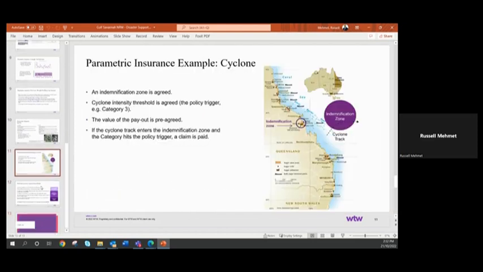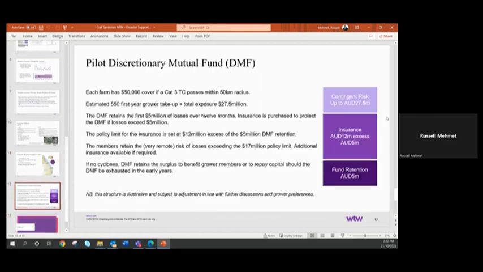And the next one, I'll just touch on this as the final slide. This has to do with what we did for cane growers, where, because of their 12 cane growing regions where the mills are located up the coast, we put together what's called a discretionary mutual fund, where there's a group buying power advantage.